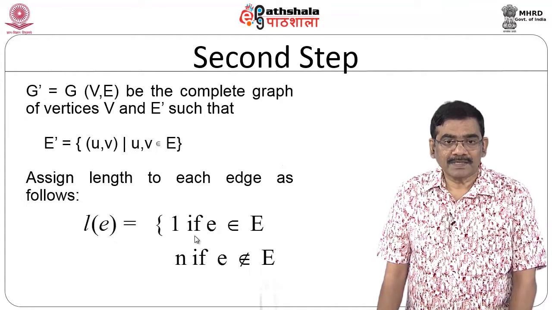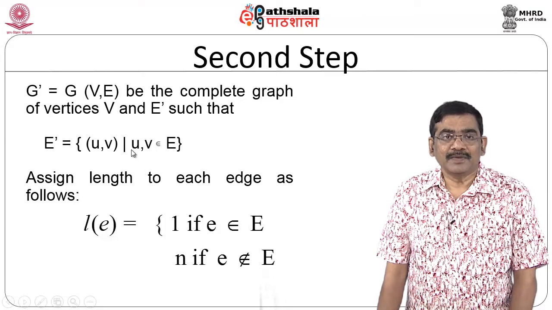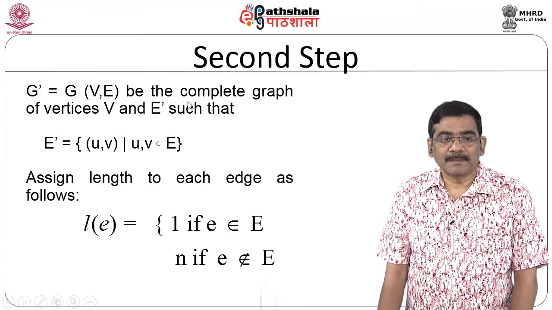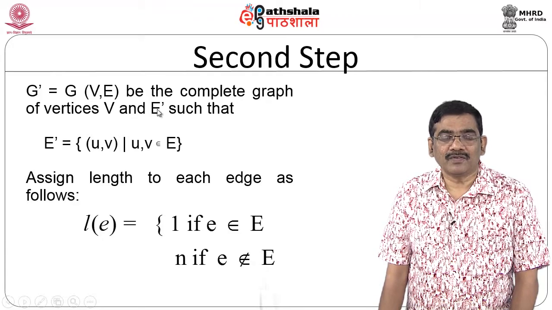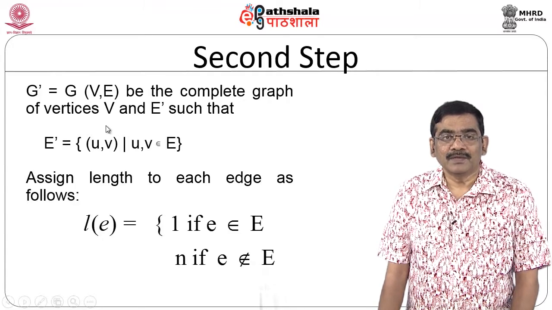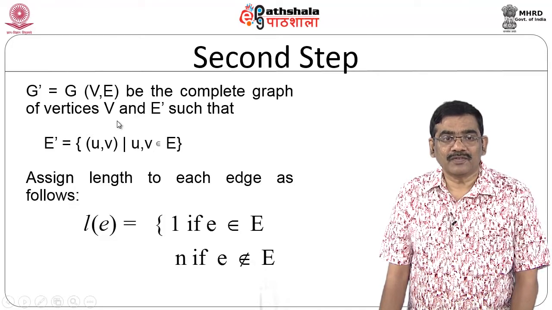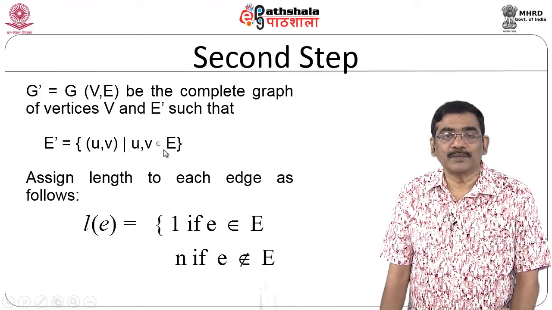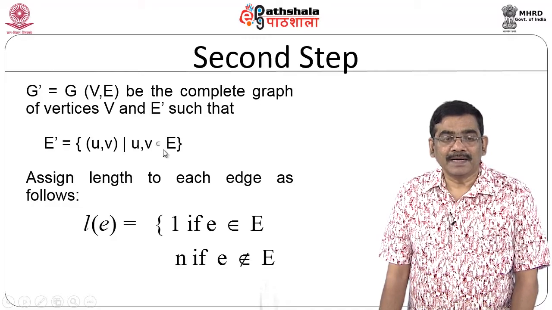So, in other words what we are trying to do is construct G prime, which is going to be a complete graph on all vertices V. All the original vertices of the original graph are retained, and if there is an edge in the original graph, then it also has the edge in G prime, and we are going to assign the lengths like this.